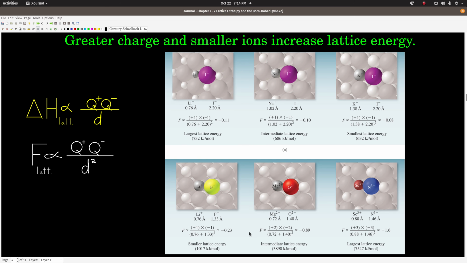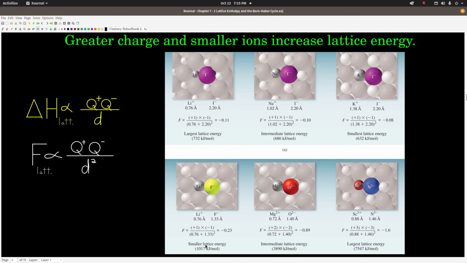Coming down here in this row, what's changing is the charge. If you look at the sum of the ionic radii, they're really pretty similar. They're not significantly different. But we go from plus 1, minus 1 to plus 2, minus 2 to plus 3, minus 3. And so the larger charge gives us a larger lattice enthalpy, and the smaller charge gives us a smaller lattice enthalpy. Now, what if these two things are going in opposite directions?